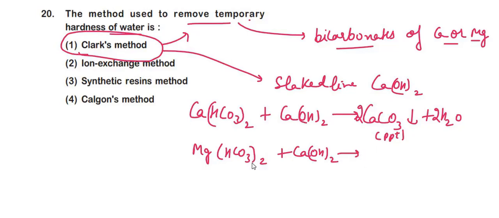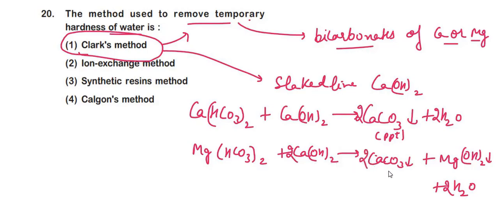In the second case, when we react magnesium hydrogen carbonate with slaked lime, it will give us precipitates of calcium carbonate. Along with this, it will form precipitates of magnesium hydroxide, and the side product is water. 2 moles of water are obtained, and 2 moles of slaked lime are used and 2 moles of calcium carbonate are obtained.